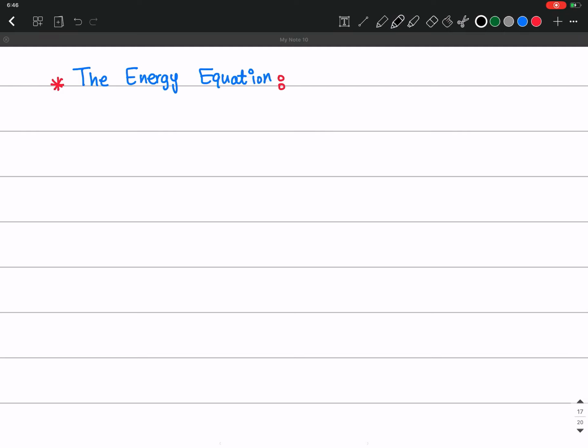Hello everyone. In this lecture, I'm going to start to derive the energy equation in fluids, and then we will use this energy equation to derive Bernoulli again, but now a more general form of Bernoulli that also accounts for frictional forces.